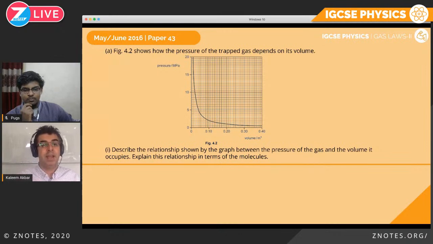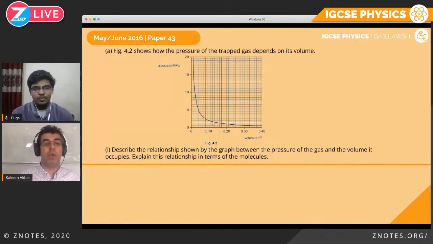And then it says, describe the relationship shown by the graph between the pressure of the gas and the volume it occupies. Explain this relationship in terms of the molecules. Now, that's been very specific. So not only are they asking you to describe Boyle's law, they're asking you to explain how that relates to the molecules themselves.